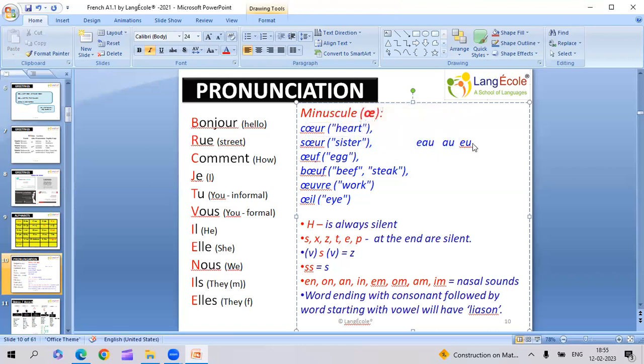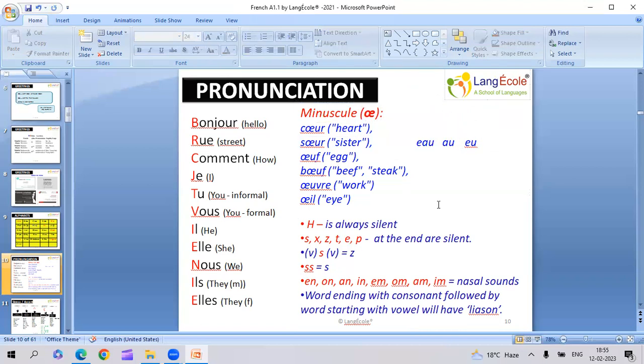So you can make note of these different combinations. There are other combinations also you'll find when we see later on as the words come. We'll explain those combinations also.